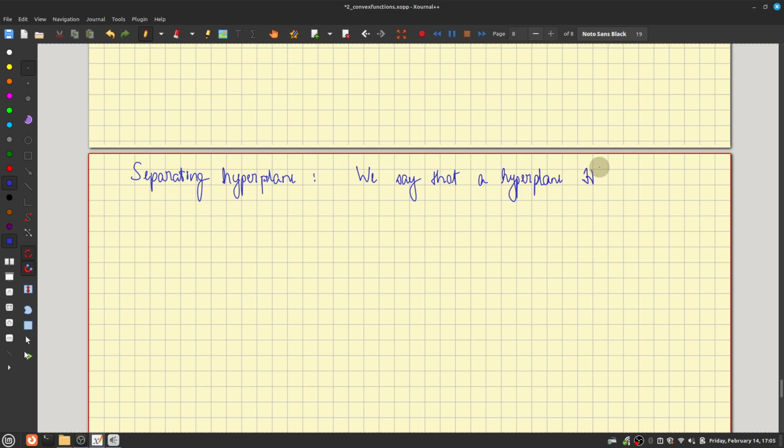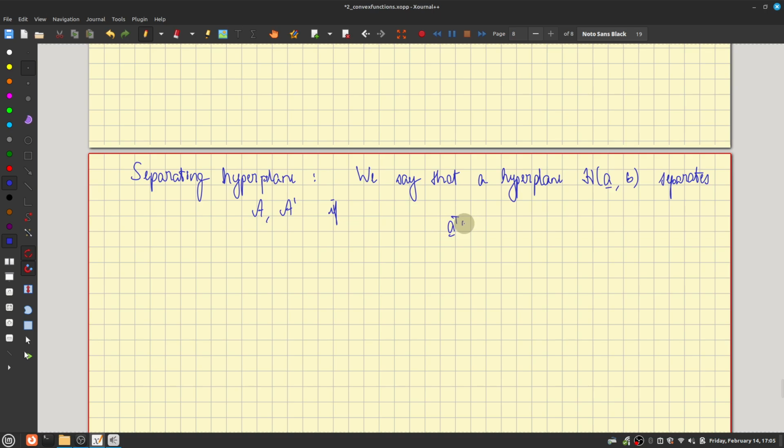So let me define a hyperplane being defined by two parameters, A and B, where A represents the normal vector and B represents the constant shift. We'll say that this separates two sets or two subsets of Rn, A and A prime, if the entire A lies on one side of the hyperplane and A prime lies on the other side.